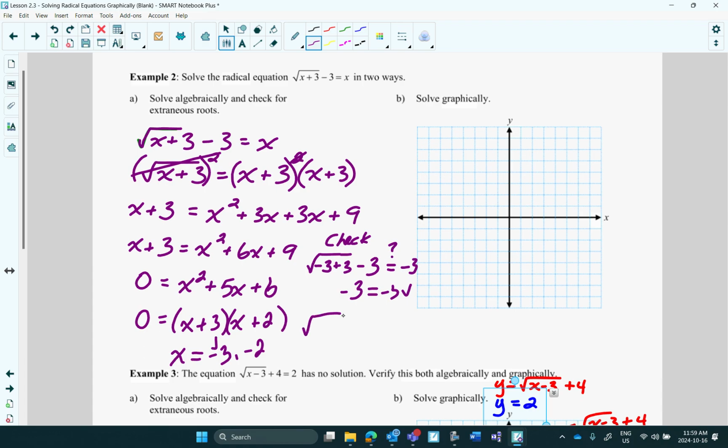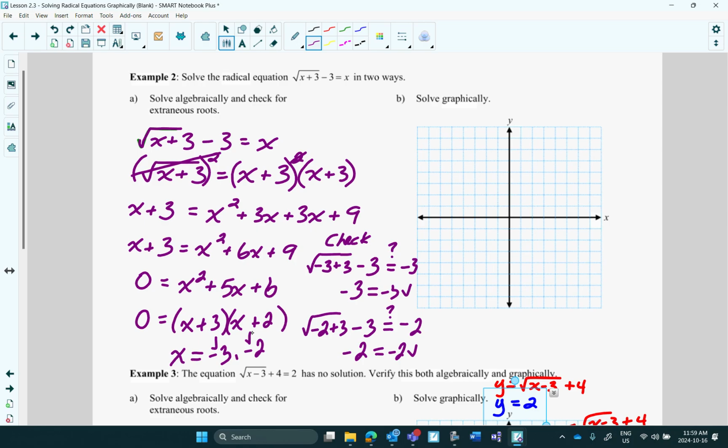Does the square root of -2 plus 3, minus 3 equal -2? It will. Because this is 1 minus 3, which is -2, and yes, that does equal -2. So they're both good. So that means when I graph both sides and look for the intersection, how many am I going to find? 2. So that gives you a hint on how your graph should look like.